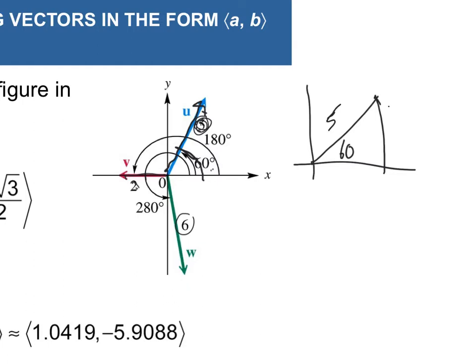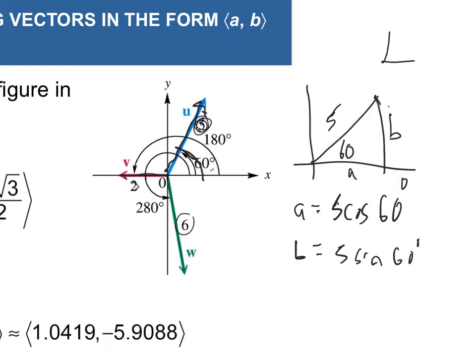So I don't know what A and B are, but we can easily do the work, because A will be 5 cosine of 60 degrees. B will be 5 sine of 60 degrees. And we learned a long time ago that for 60, it's 1, 2, square root of 3.